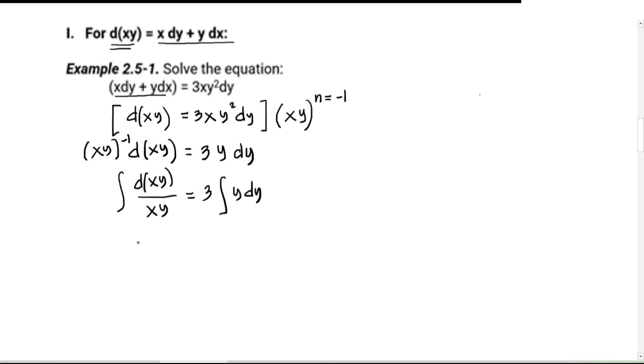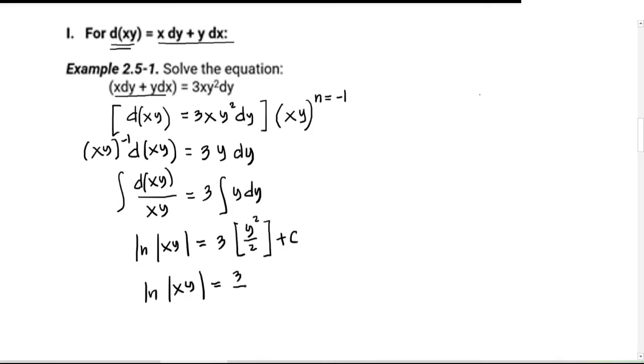Integrating the left side, we have ln of xy is equal to 3 y squared over 2 plus c. Then simplify: ln of xy is 3 halves y squared plus c. This is our final answer.